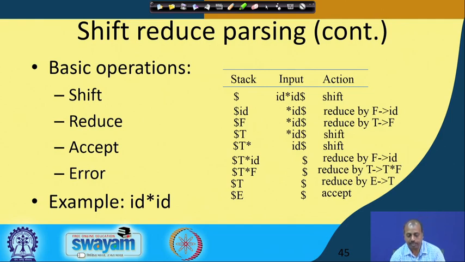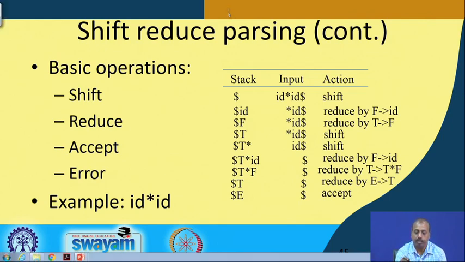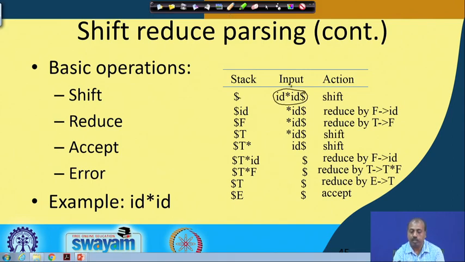So, let us take the same example, ID star ID. The initial configuration will be like this: the stack will be having only dollar, and the input will be ID star ID dollar. Right now we do not know how to take these shift and reduce decisions, but suppose we know that we can make the actions shift and reduce, and the choice is done as shown here.